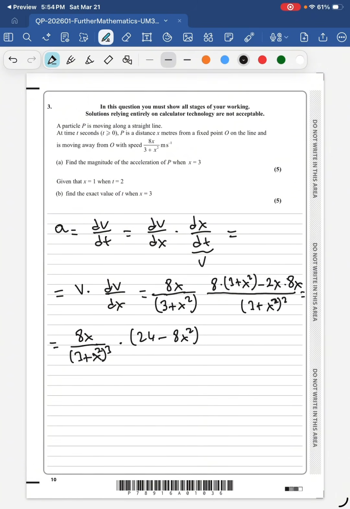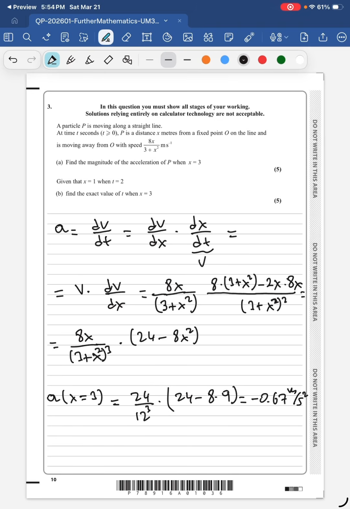All we have to do now is find what the acceleration is at x equals 3. So we plug 3 in and we find 24 over 12 to the third times 24 minus 8 times 9, and this yields minus 0.67 meters per second squared.